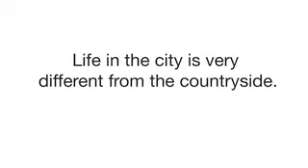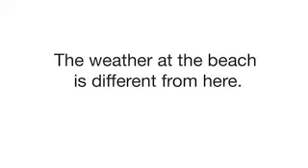Now listen to another way Jim makes comparisons. The food is really different from here in Canada. In fact, everything's really different from here in Canada. The food is really different from here in Canada. We use different from to make another form of comparison. Life in the city is very different from the countryside. The weather at the beach is different from here.